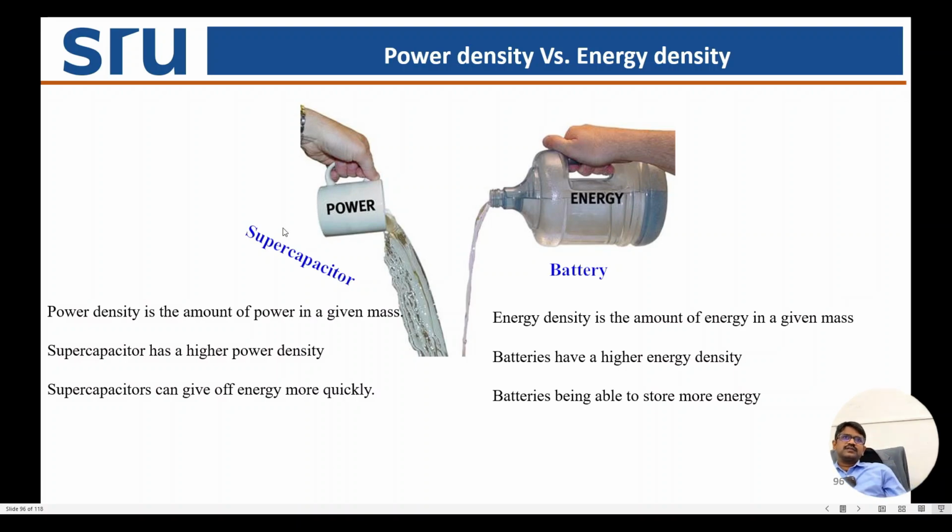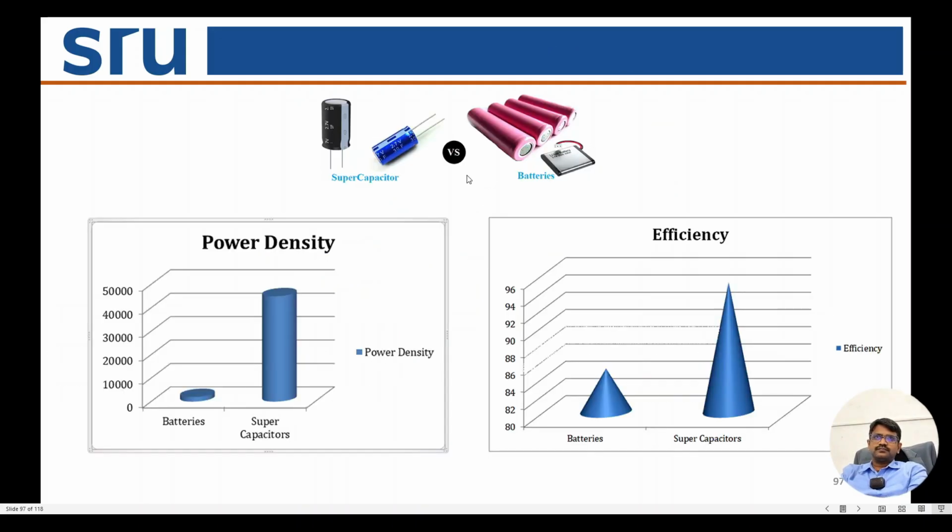Supercapacitors provide high power density, while batteries provide high energy density.